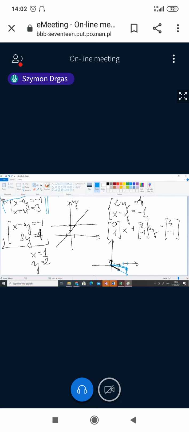So that's all about this problem number 1. If you have any questions about these two interpretations or these two illustrations of systems of linear equations, I'd be happy to answer them.